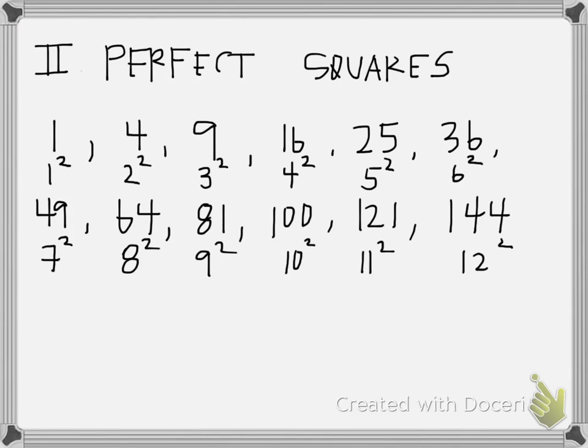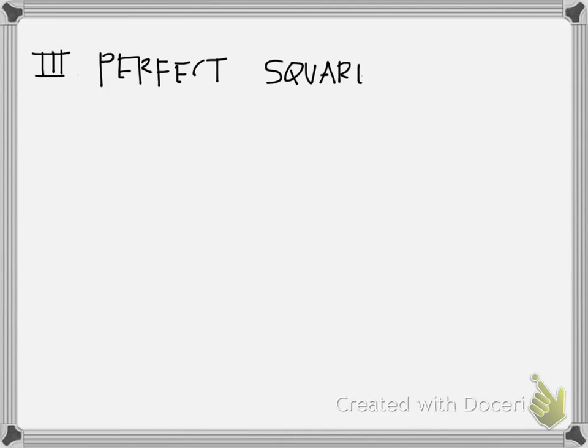So taking a perfect square root is basically finding the square. They're not always going to be perfect, so we're just going to start with this one first.